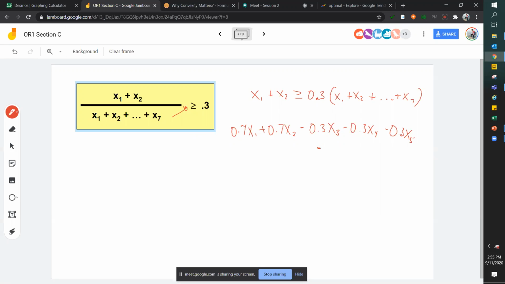Ilagay ko na lang dito ha. Minus 0.3 x6 minus 0.3 x7 is greater than or equal to 0. So yan, nakalinear na siya. From here, na non-linear, ginawa natin siyang linear equation.